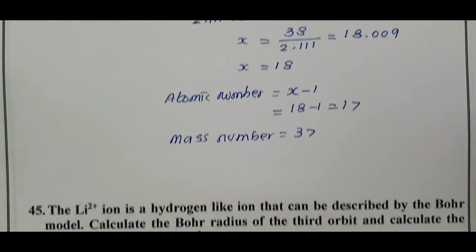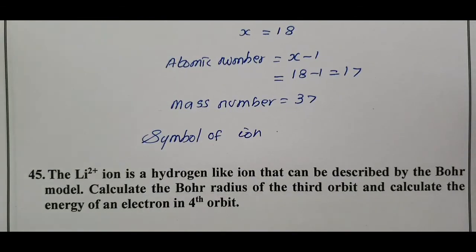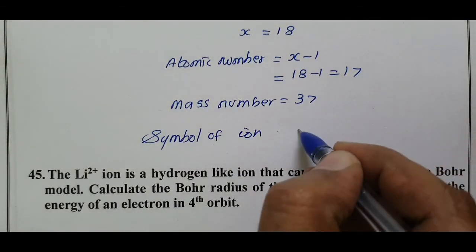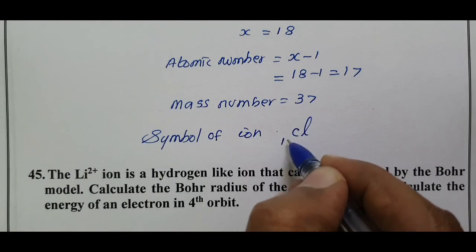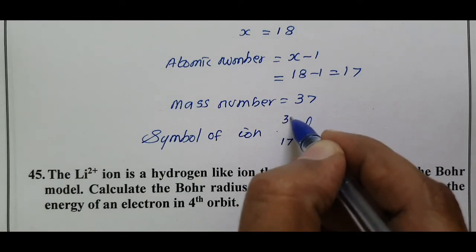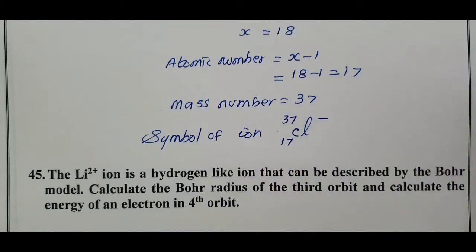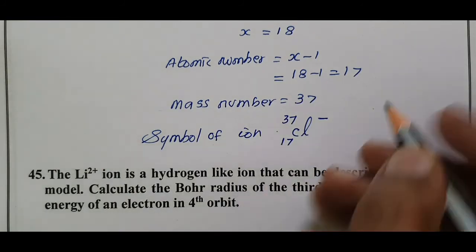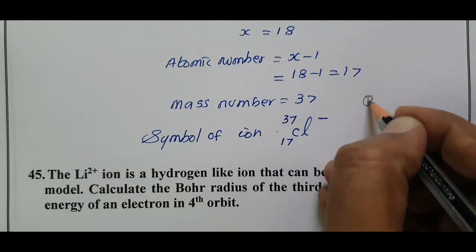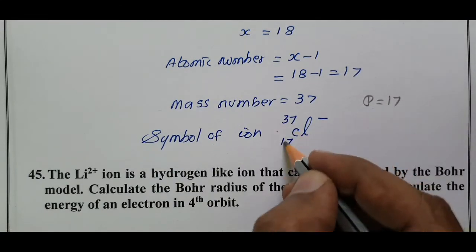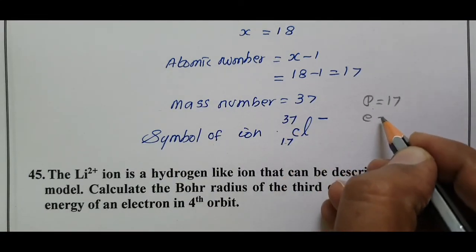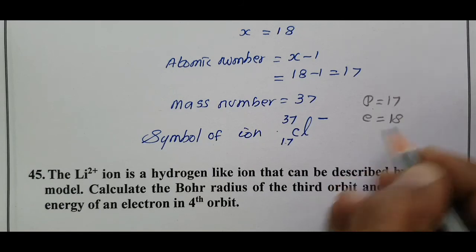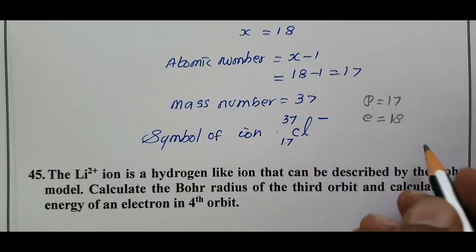Now the symbol of the ion is chlorine, atomic number 17, mass number 37, and it is a negative ion. From this, we can write number of protons equals 17. Number of electrons here equals 18, that is 17 plus 1 equals 18.